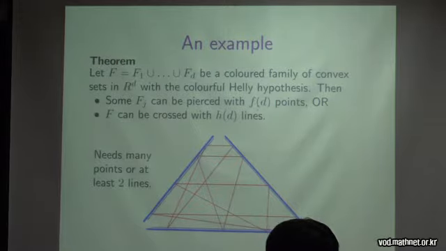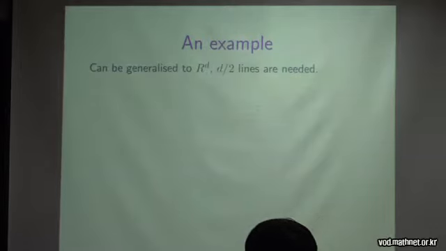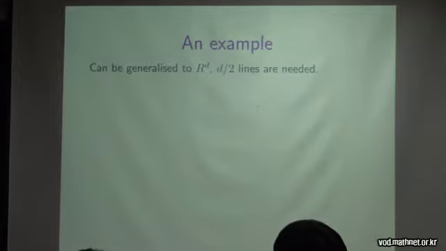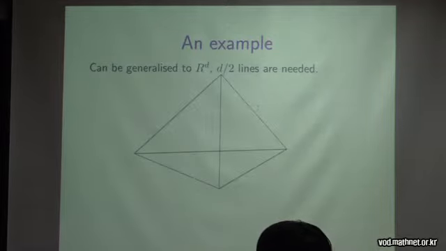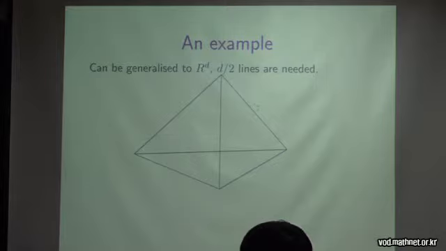And in general, we can do this in R^d. So here we're going to need at least d over 2 lines. This is actually the ceiling of (d plus 1) over 2, but it's roughly d over 2 lines. And the way to construct it is you take a simplex. Let me do it in R^3 because I can actually draw it.